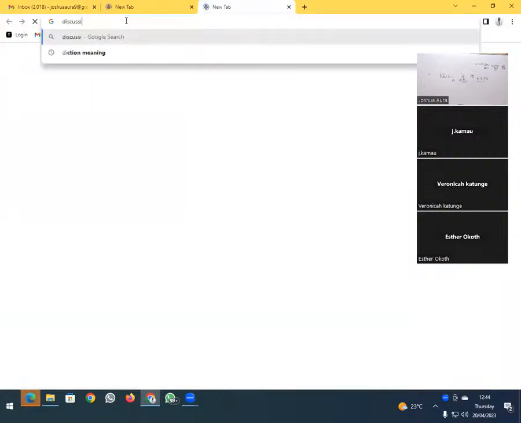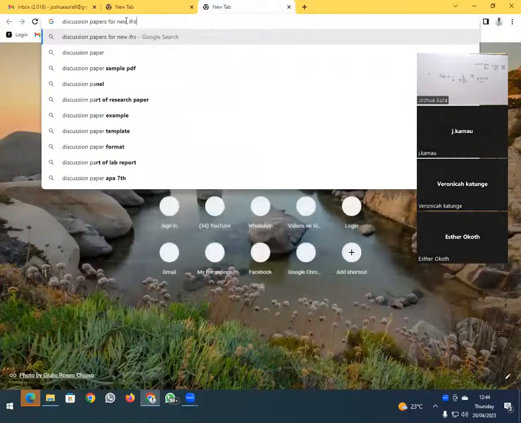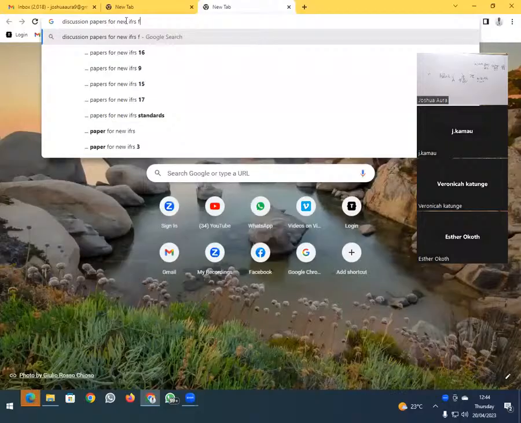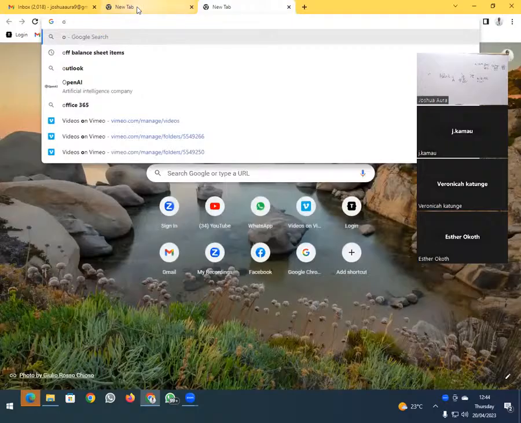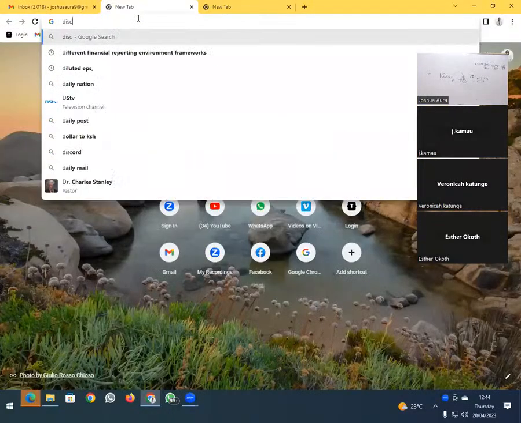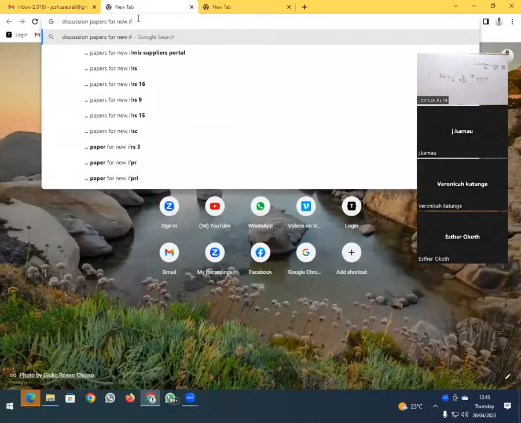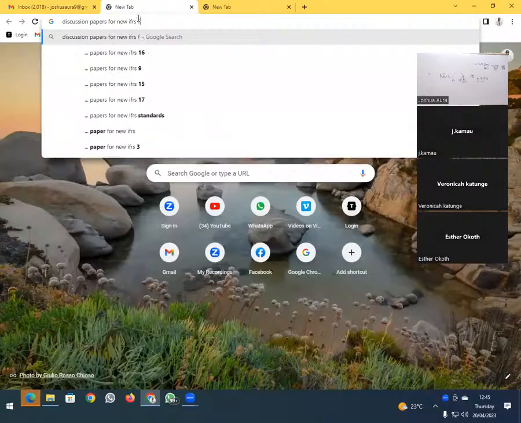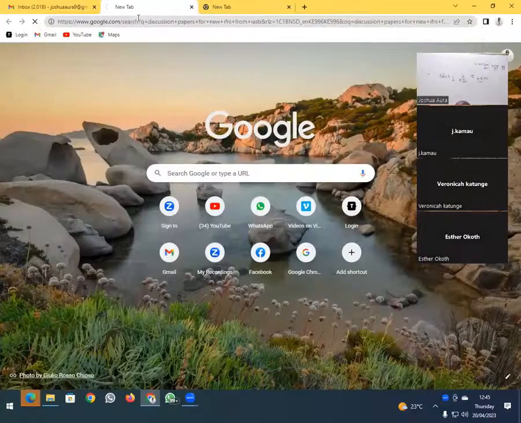You'll be able to see how they publish them. So ukienda hapo, you see.